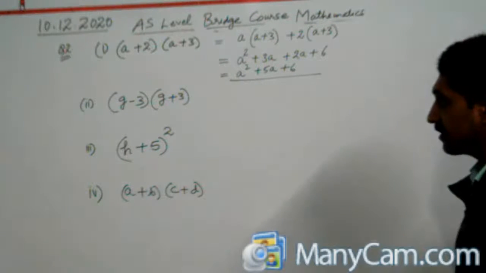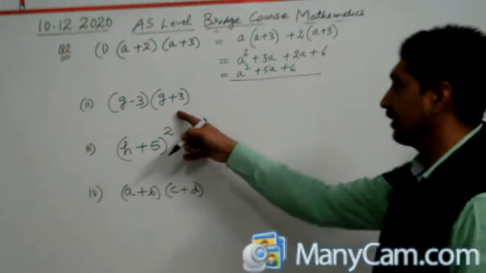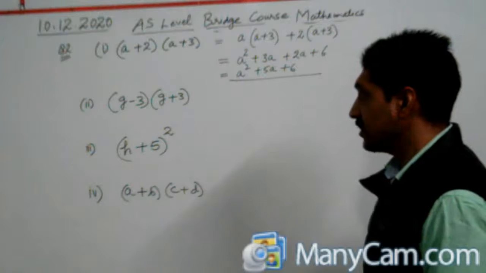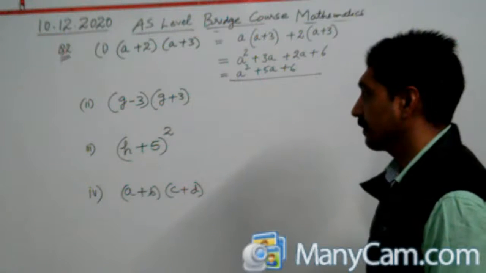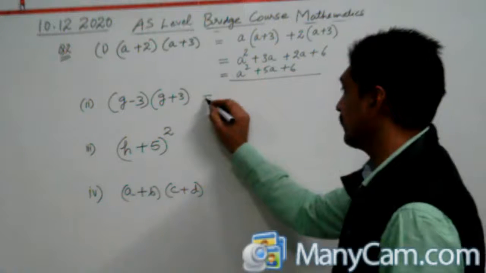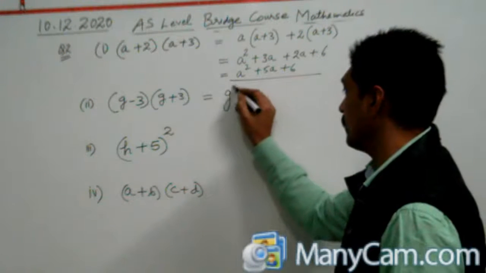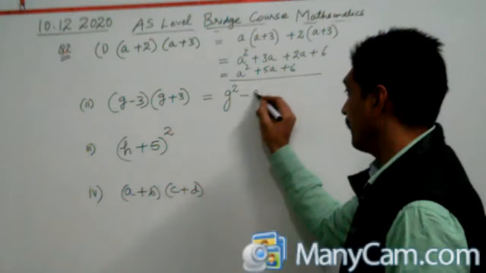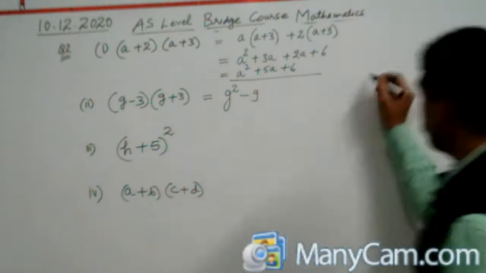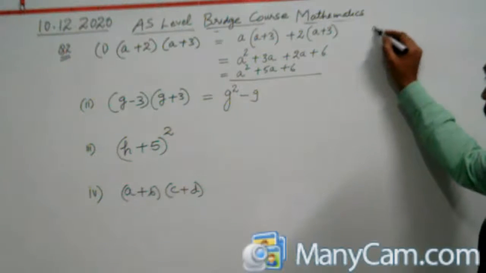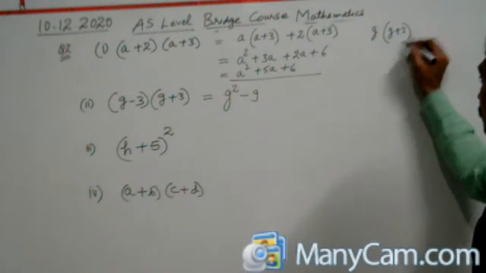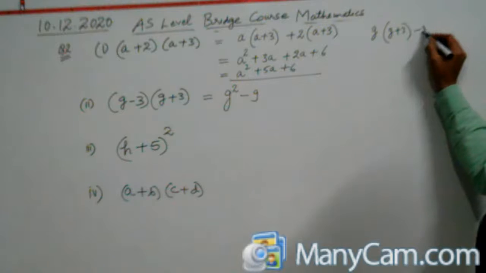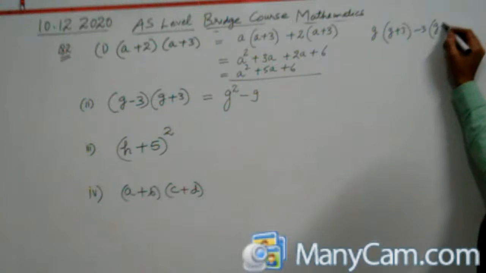Here g minus 3, g plus 3, we know the formula, that is a square minus b square. This is the direct formula we can apply, that is g square minus 9. And in detail, if you want to do in the same way, when we open the first bracket, g plus 3 and then minus of 3, again g plus 3.